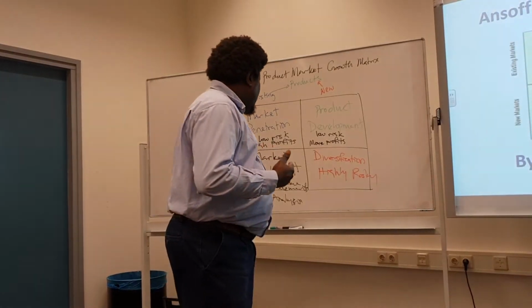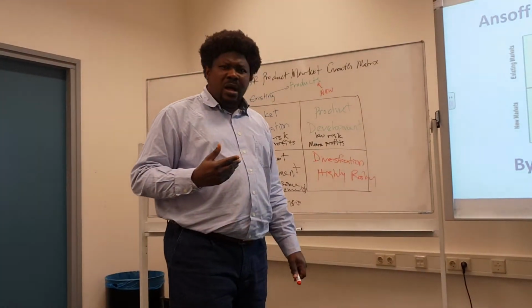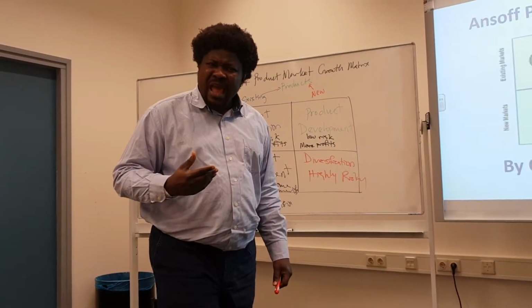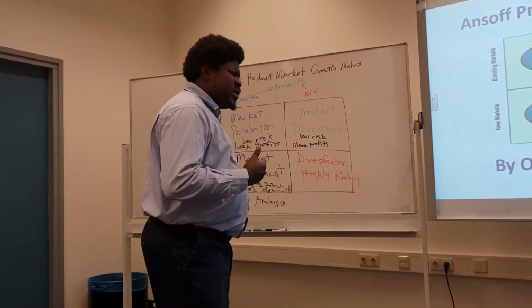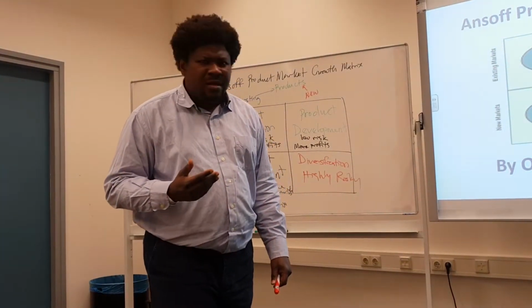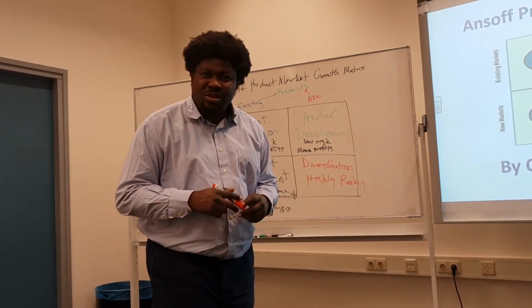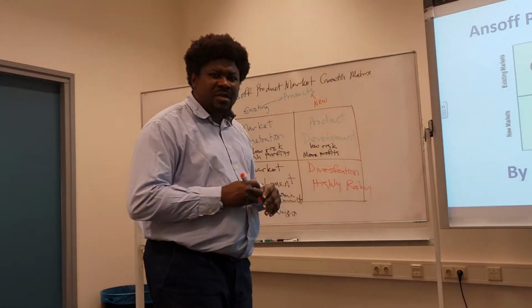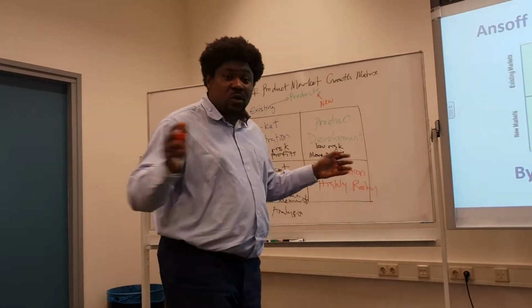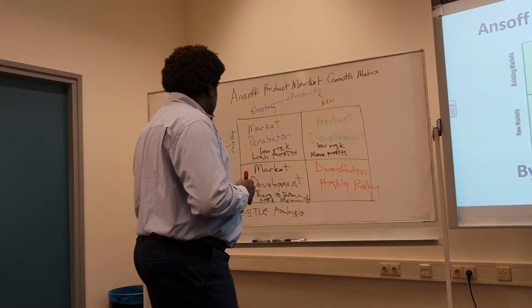Right now, we are going to become a restaurant. And we are now going to become a restaurant in Dubai. I don't know why any company would take that decision, because it's going to be highly risky, and that is diversification.